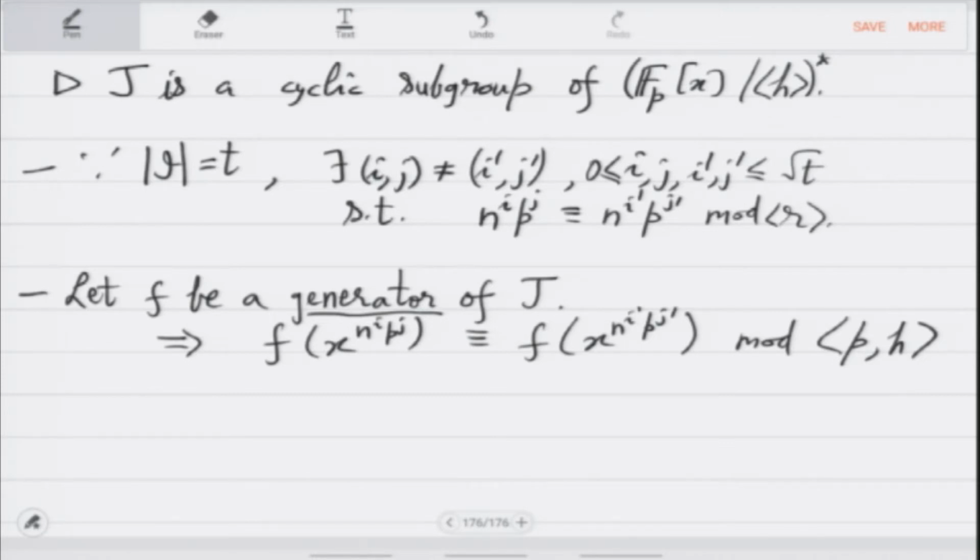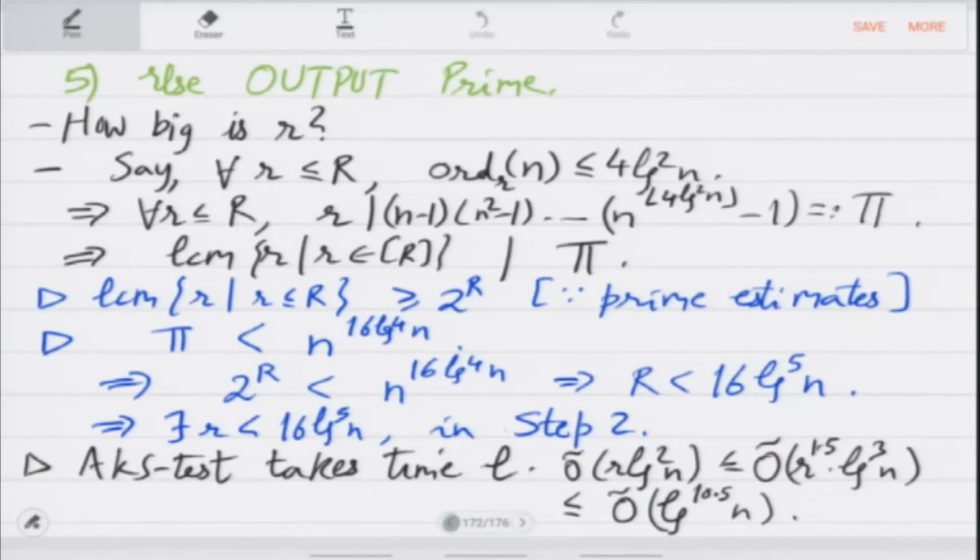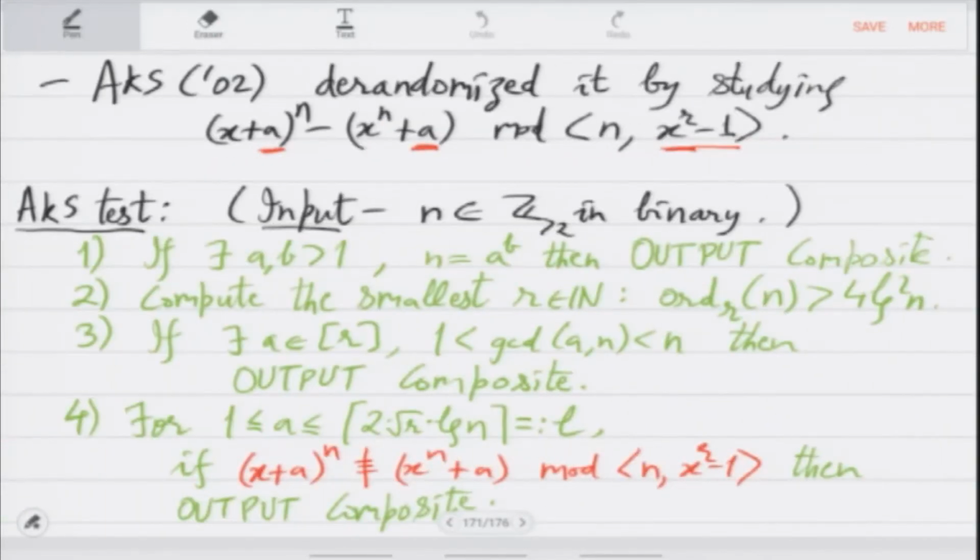But then by step 4 of the algorithm, what is step 4 of the algorithm? Step 4 is this check. The test is passing.